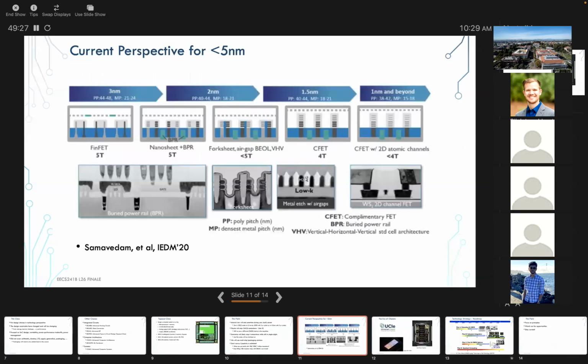It's really important to keep an eye on what is going on with the technology. And many of you will go and work in leading edge companies, and you should be aware of what is happening there. But you don't have to go work with the leading edge technology. Leading edge technologies are going to be fun because they're moving from FinFETs, as I showed you before, to nanosheets, to forksheets, to these complementary FETs, and some kinds of atomic channels.